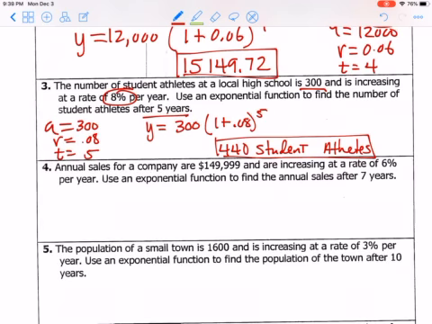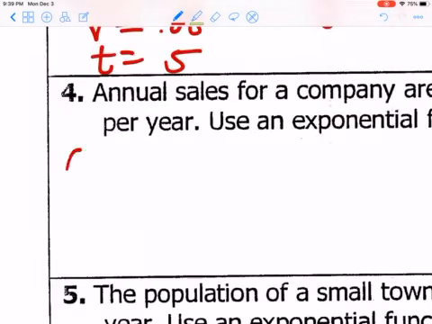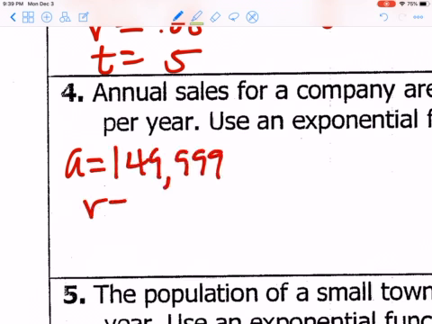The next one says an annual sales for a company are 149,999. That is our initial, and are increasing at a rate of 6% for 7 years. So again, we identify our A as 149,999, our rate to be 0.06, and our T to be 7.